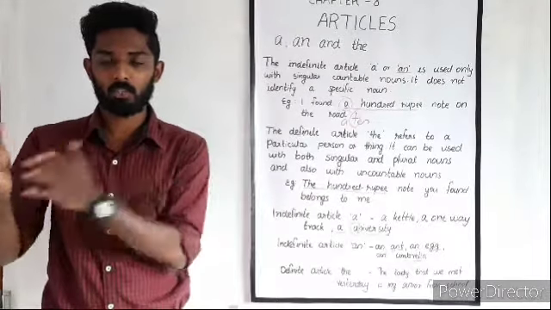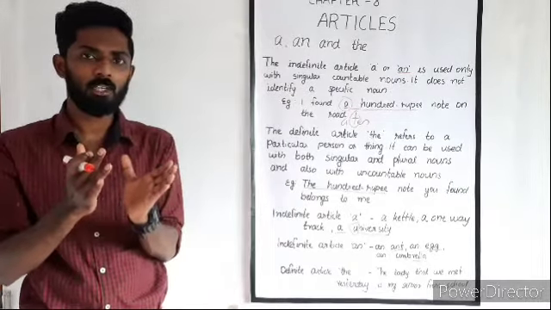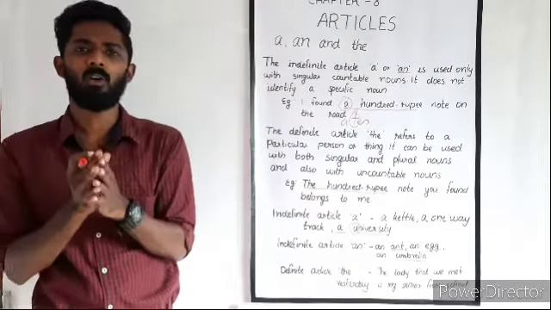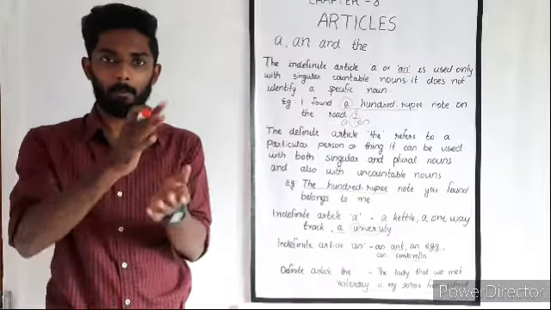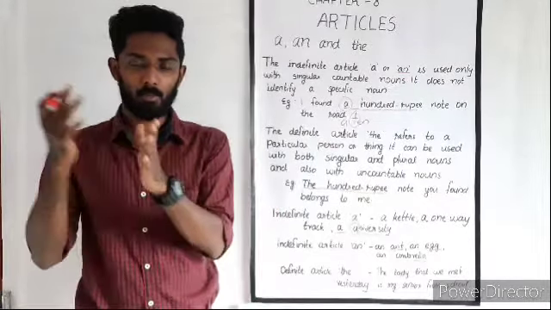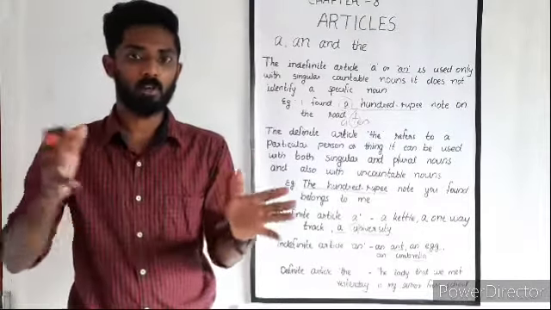That is Master of Arts. All these are abbreviations, as you know. MP means a Member of Parliament, MLA means a Member of Legislative Assembly, and MA means Master of Arts.